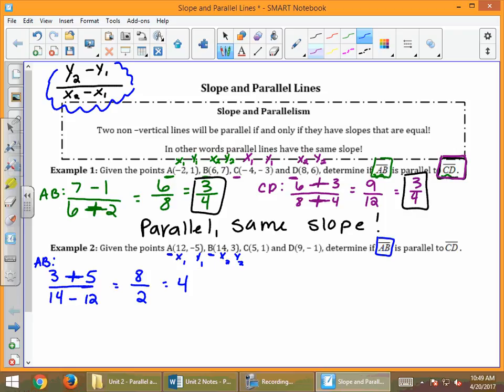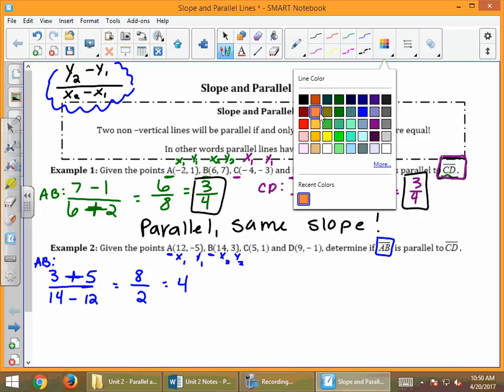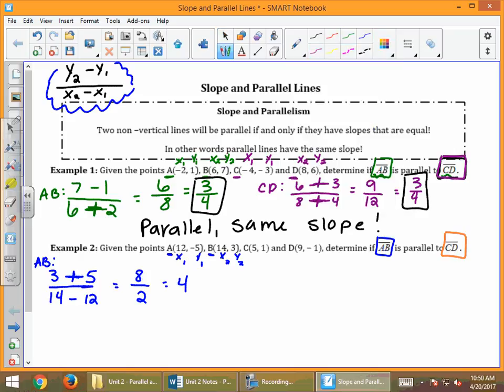In order for these lines to be parallel, the slope of CD also has to be 4. So we have to just check that. We're going to take a look at CD. Go ahead and label x1, y1, x2, y2.